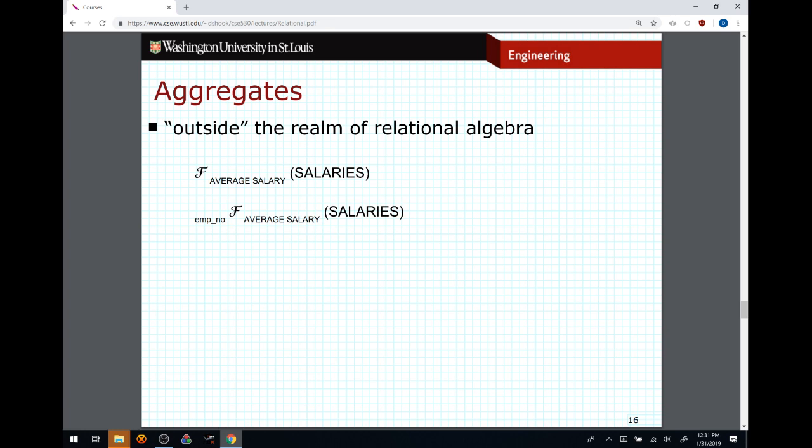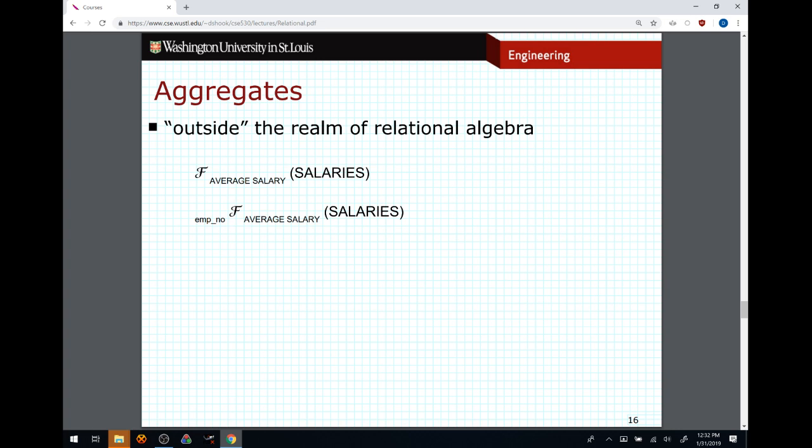Let's clean up some of these missing pieces here. GroupBy can be done; the way that it's specified using relational algebra is with a function. So that big fancy letter F just means function. There are lots of functions at our disposal in a typical database implementation, GroupBy being one of the more common ones. What we're saying here is, give me the average salary as a function of all the salaries in the salary table. That's just a regular aggregate without a group by.